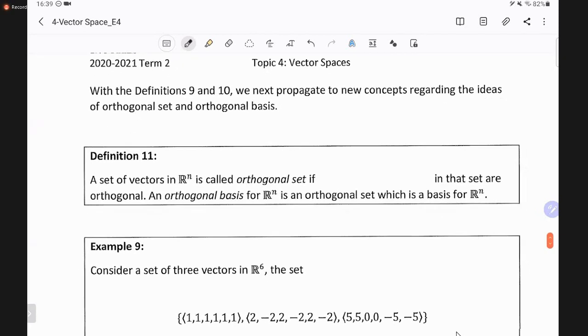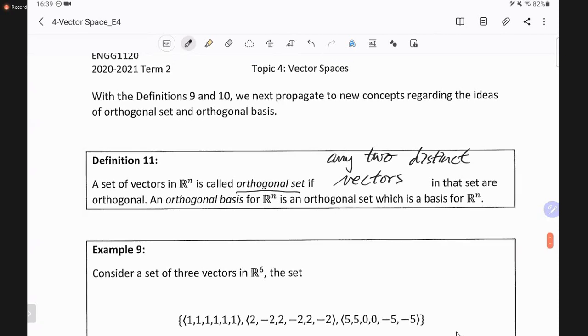Definition 11. You can call a set of vectors an orthogonal set if any two distinct vectors in that set are orthogonal.